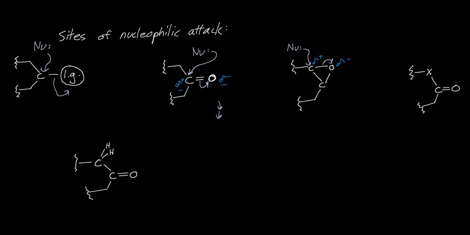Sorry, my apologies. You would have, here's that carbon, nucleophile attached to it, and now this carbon with the oxygen on it, negative initially, and then you could proceed to do more chemistry here. But notice the key that I wanted to point out here was that the nucleophile adds to the carbon adjacent to the carbon that has the oxygen on it, as opposed to the previous example where the nucleophile has to add to the same carbon that has the oxygen on it.